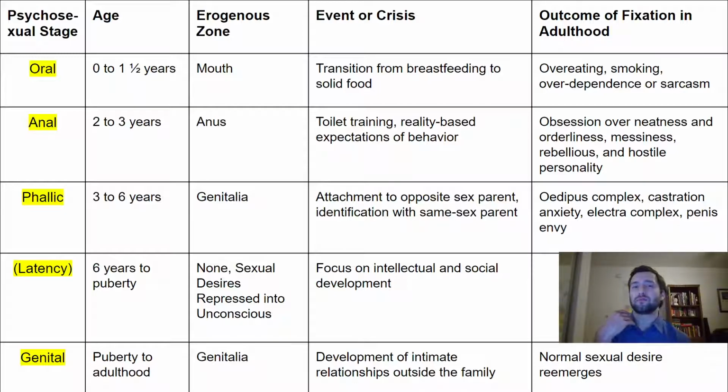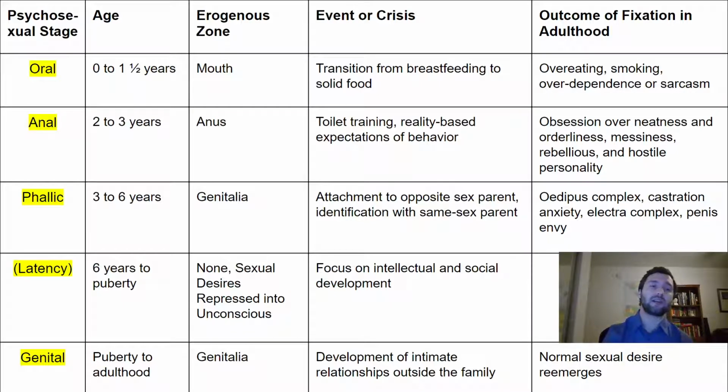I don't know if this term is used much anymore, but a term for being overly obsessive and really neat and orderly would be being anal, right? And that's maybe where that use of the term is coming from. It could also be messiness, rebelliousness, and a hostile personality.